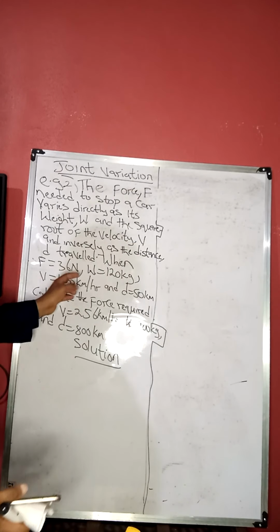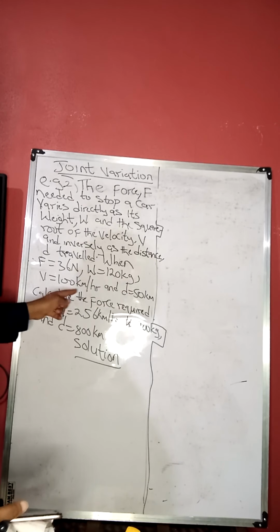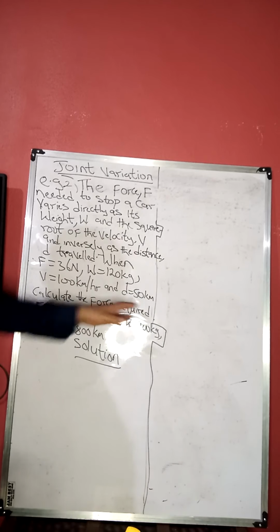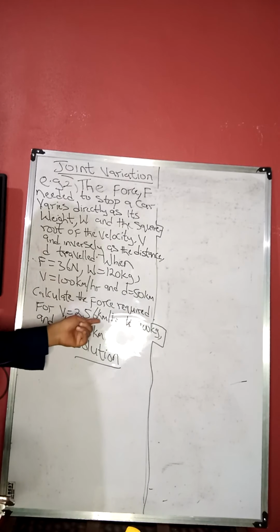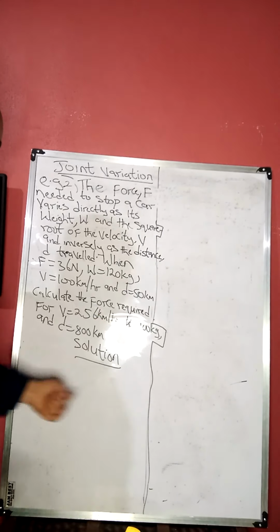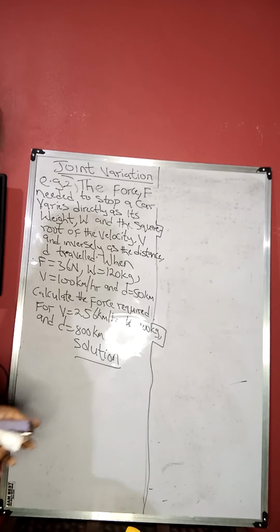When F is 36 Newton, W is 120 kilogram, V is 100 km per hour, and D is 50 km. Calculate the force required for V equal to 256 km per hour, W equal to 200 kg, and D equal to 800 km. Alright, let's solve this. Let's interpret the first part.